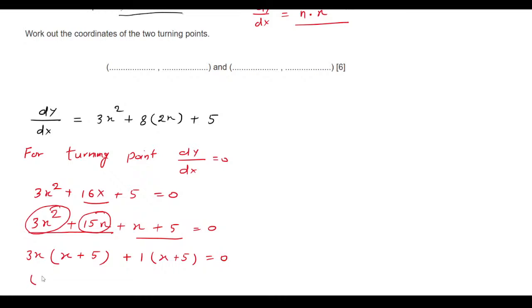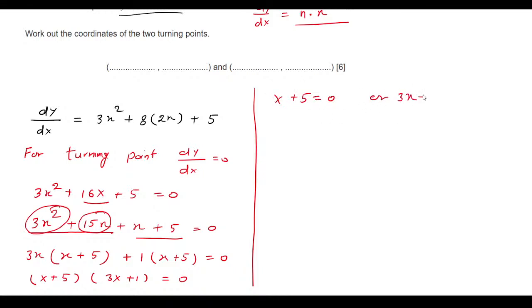Now here it is x plus 5 in one bracket, and 3x plus 1 in another bracket, and this equals 0. So again, x plus 5 is 0, or 3x plus 1 is 0. This will give me the value of x as minus 5, or 3x as minus 1. So x is minus 5, or x is minus 1 divided by 3.